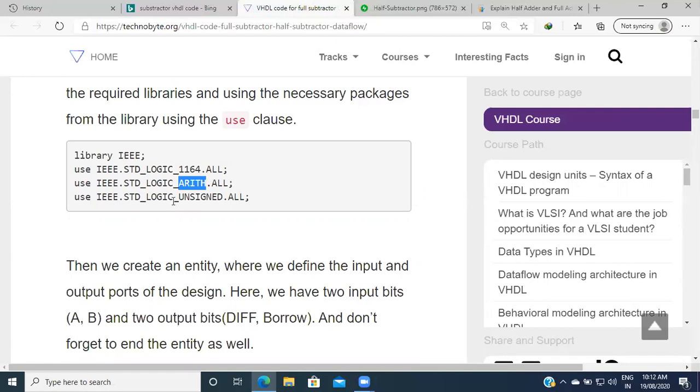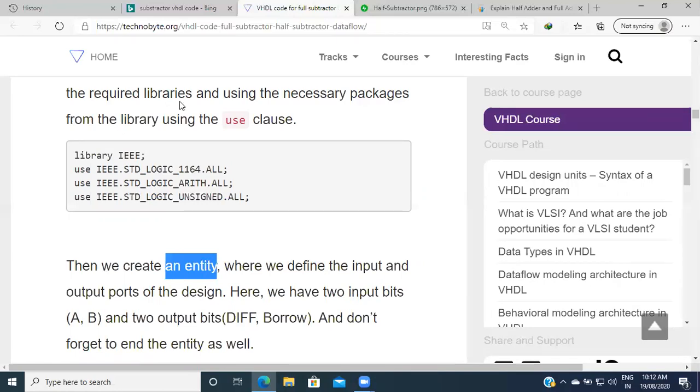Then logic unsigned, because signed and unsigned, those two declarations are present, and the unsigned declaration is the one we are using. After creating the library functions, we create an entity.